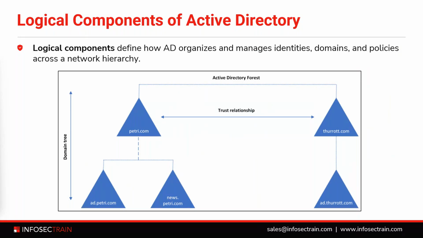Logical components define how Active Directory is structured conceptually, how objects are organized, grouped, and managed. So what are the logical components? First component, as I have given the name, is object. What is an object? Anyone?